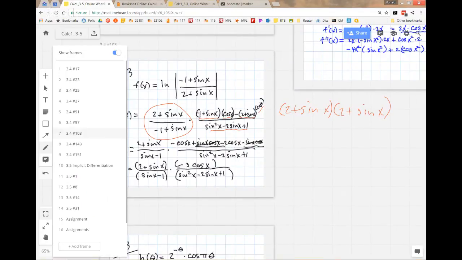So 2 times 2 is 4. Then we got 2 sine x, so that'd be twice, so you get 4 sine x. And then sine x squared. So it looks like I multiplied this wrong right here. That should be this thing.